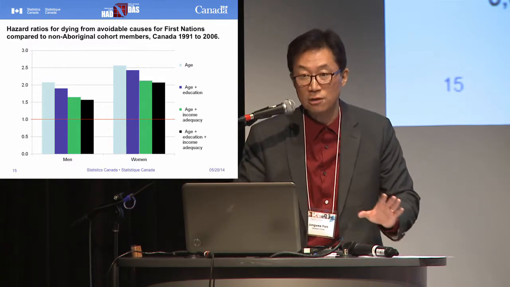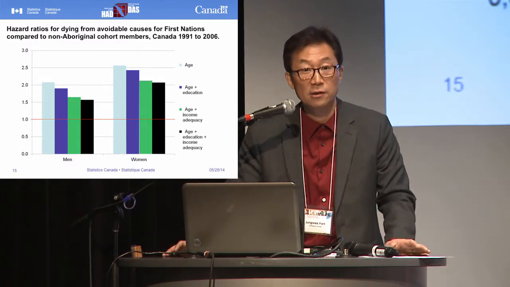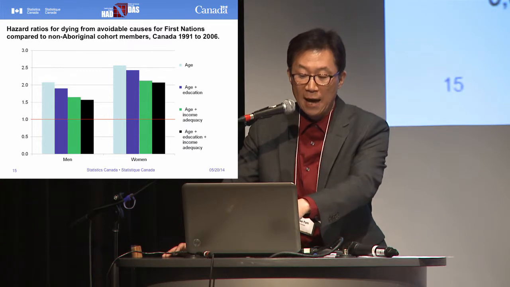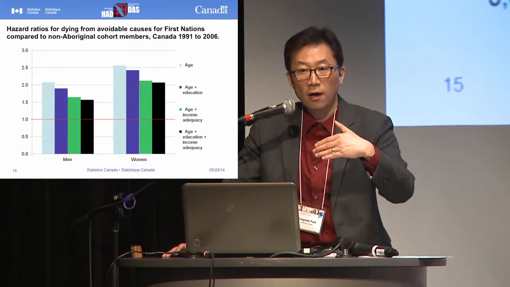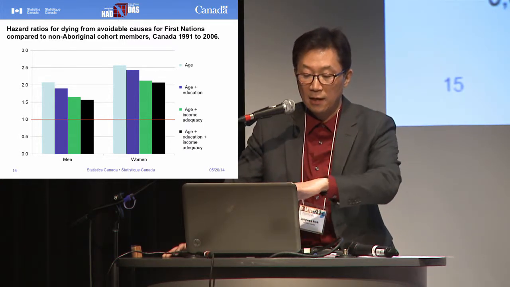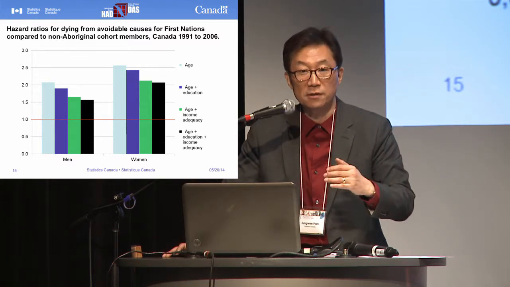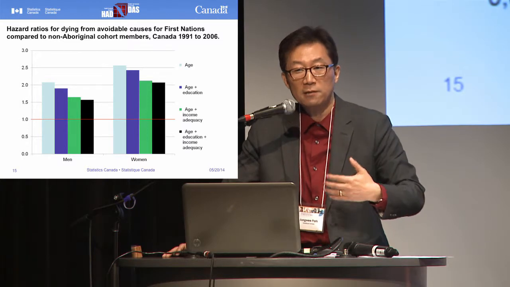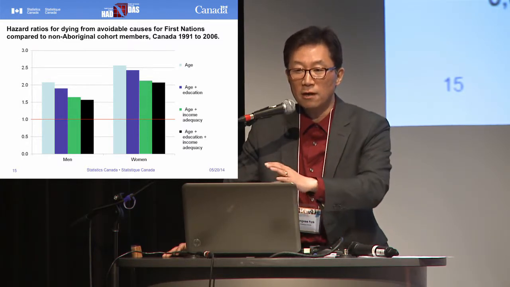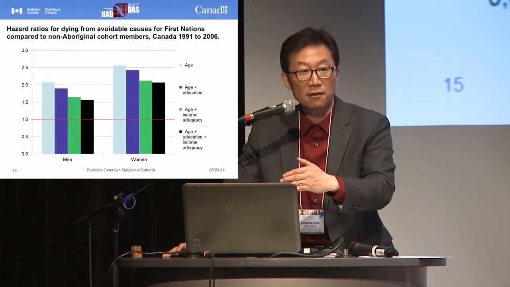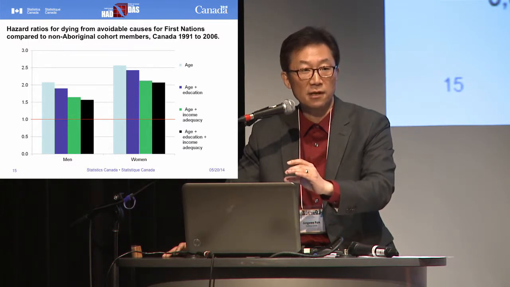And fourth, age, education, and income, so everything. So if you see that, if we control more socio-demographic factors, then the level of inequality reduces. But at the same time, even after controlling income and education, there still exist differences and inequality.